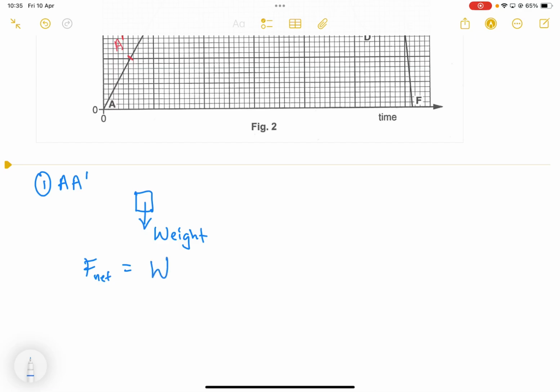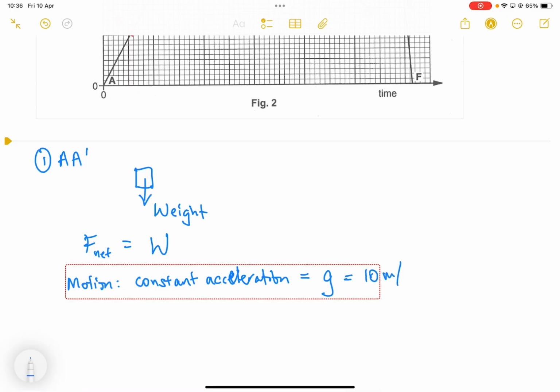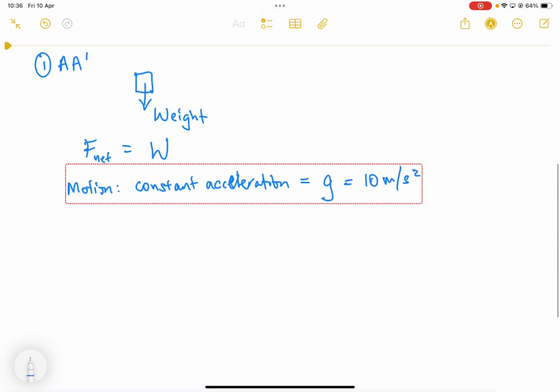So the person is falling with constant acceleration, which is equal to acceleration due to gravity. For us, we'll use 10 meters per second squared, or 9.81 meters per second squared. So that's the first part of the motion.